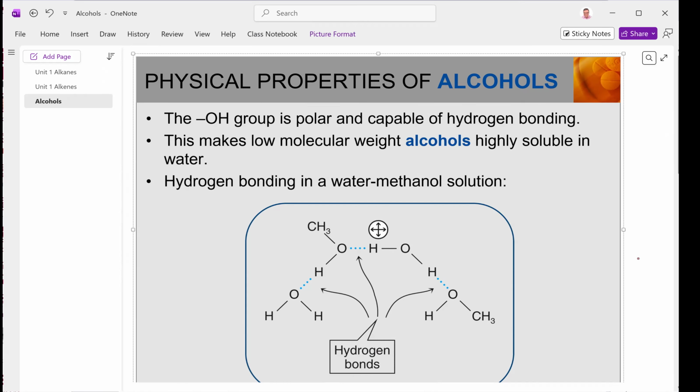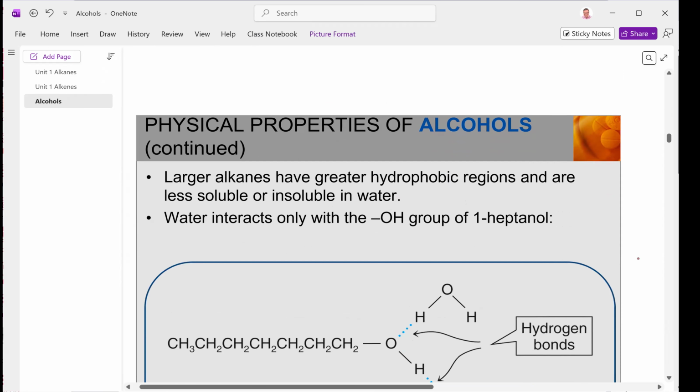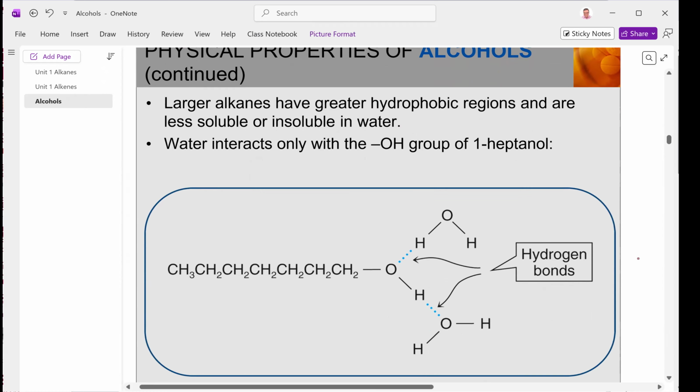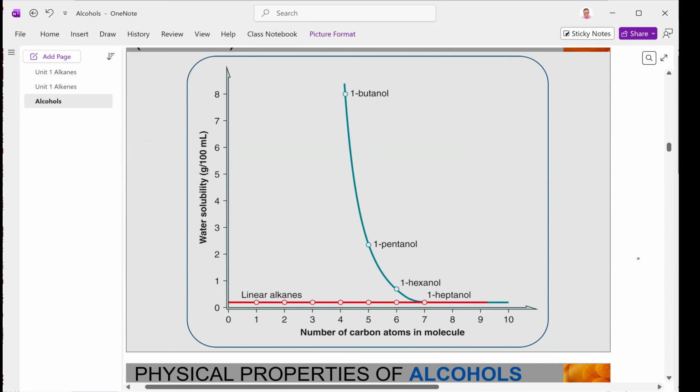Okay, so because of hydrogen bonding, alcohols have high intermolecular forces. Now, alcohols in general, I'm just saying, have high IMFs.